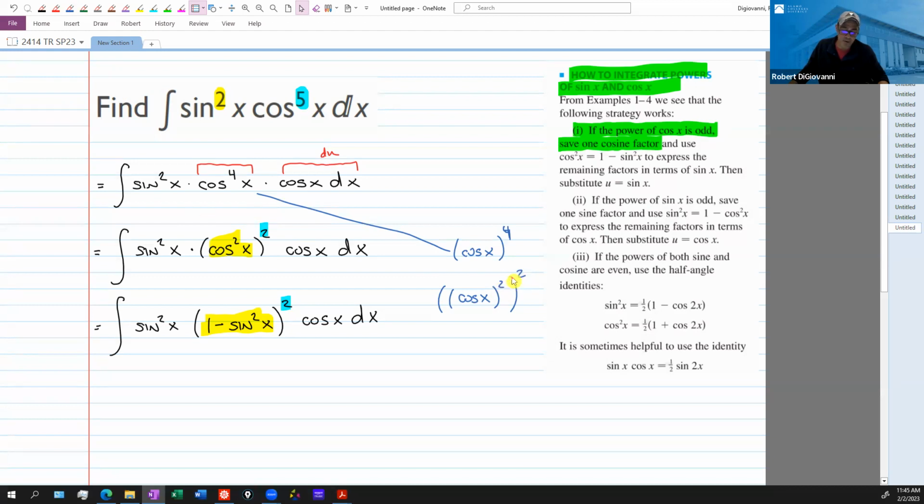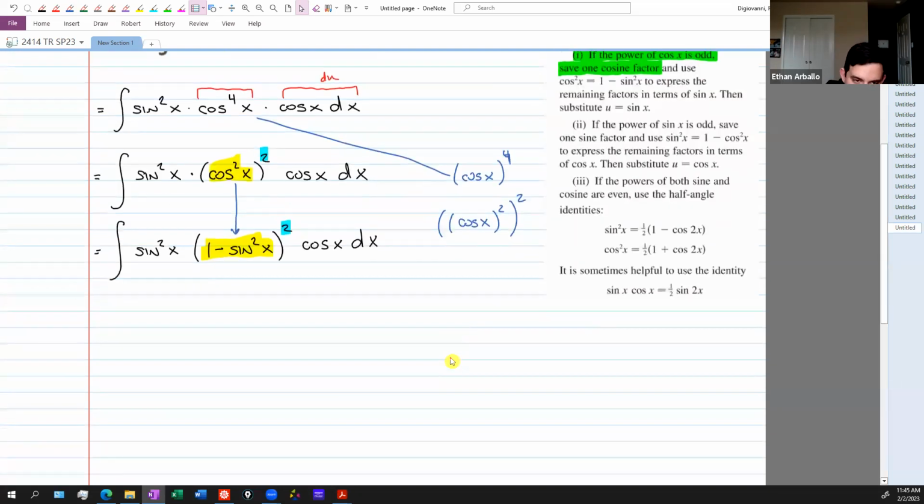So 2 times 2 would be 4. So all I'm doing is realizing that cosine to the fourth x could be rewritten as cosine squared, squared. Then I can use the cosine squared Pythagorean identity to switch to this, but I still have a squared out here. Is that all right? Yes.